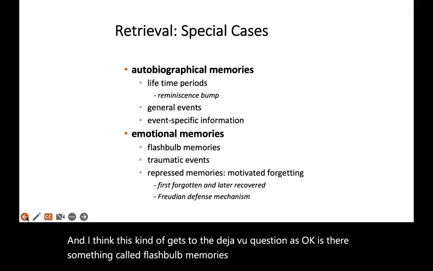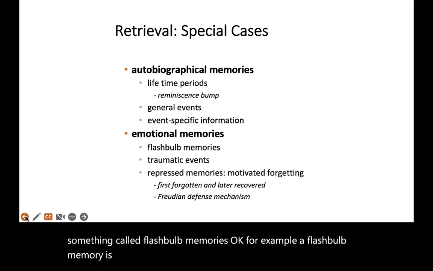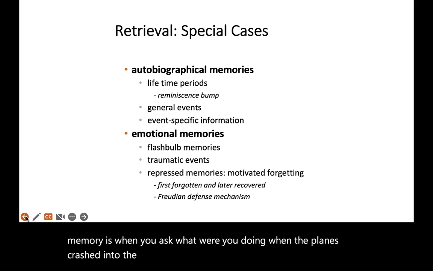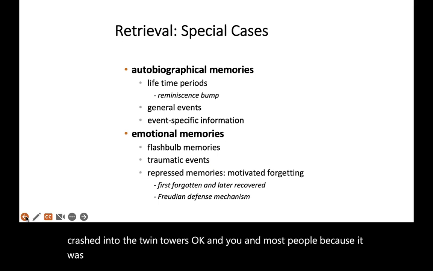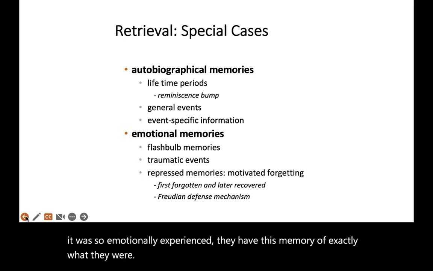For example, a flashbulb memory is when you ask, what were you doing when the planes crashed into the Twin Towers? And most people, because it was so emotionally experienced, have this memory of exactly what they were doing at that time.